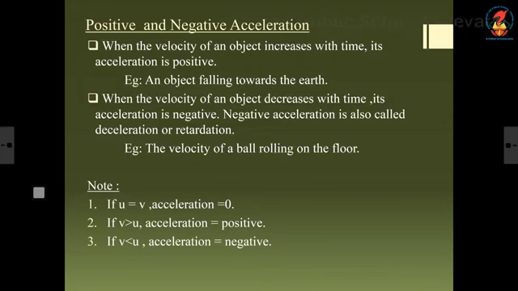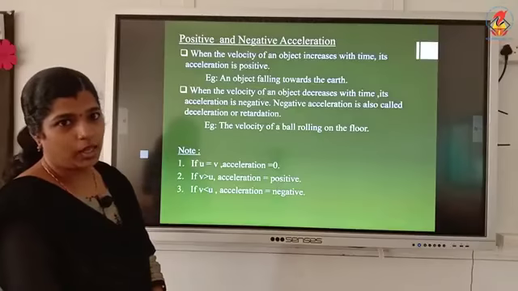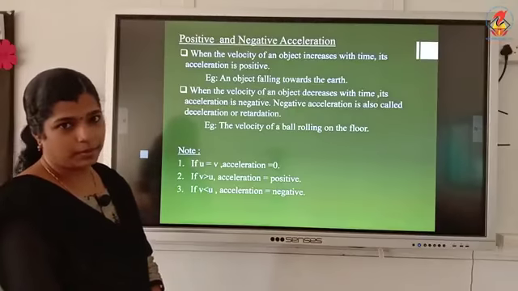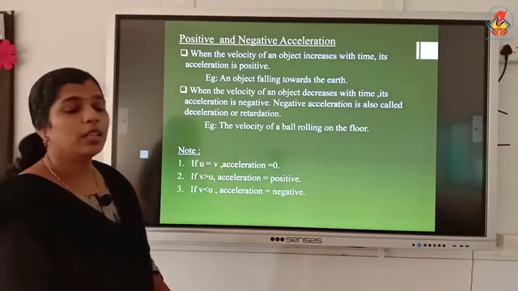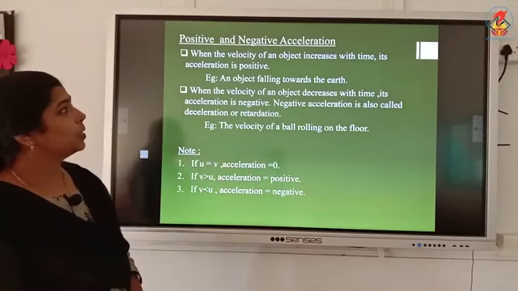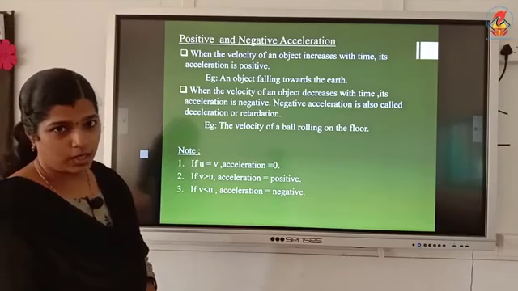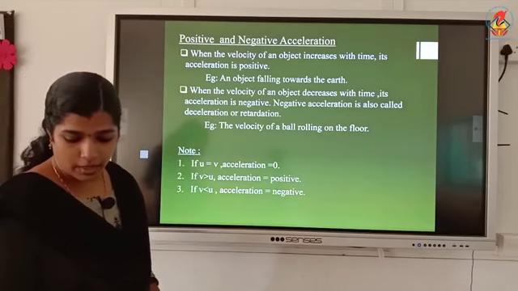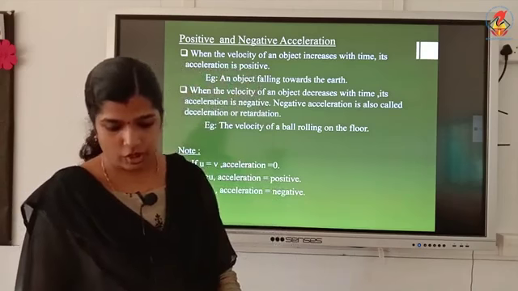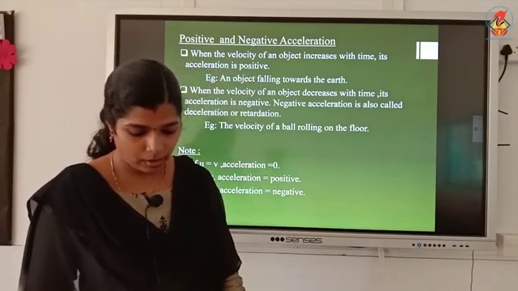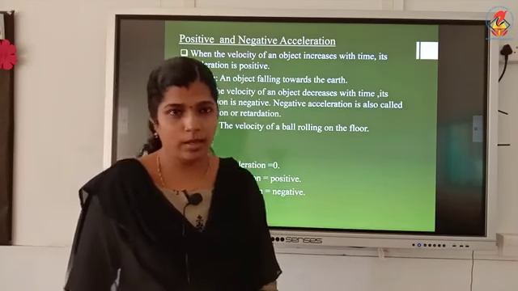That we will discuss in the third chapter, acceleration due to gravity. There we will discuss what the value of that increasing velocity is when an object is falling towards the earth. That is gravitation, chapter 3 in physics.